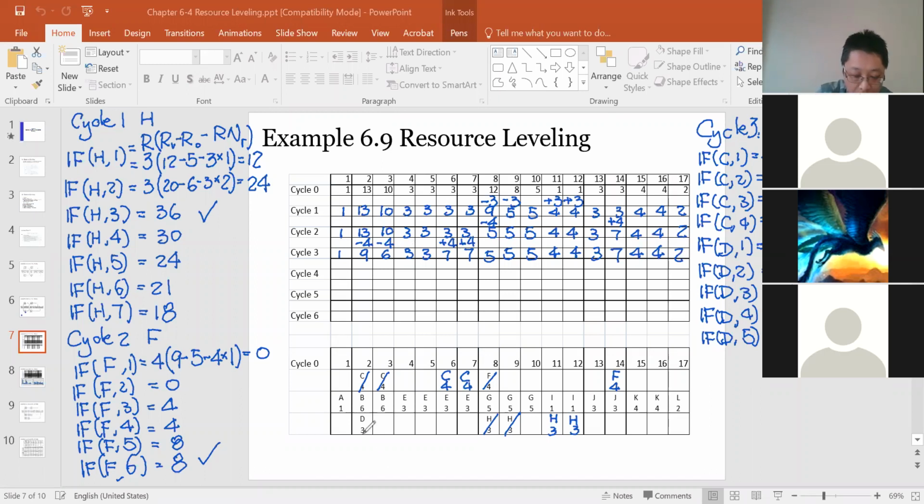After we move C, D is still not moved. We're going to recalculate in cycle 4. I'm going to calculate D. Why do I need to recalculate, not use the D values over here? It is because C already moved. The distribution already changed.